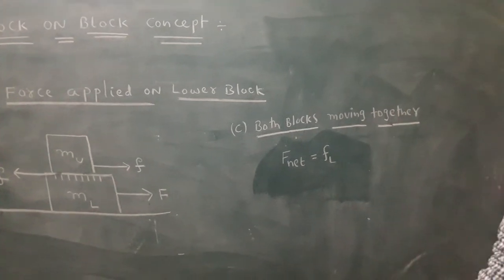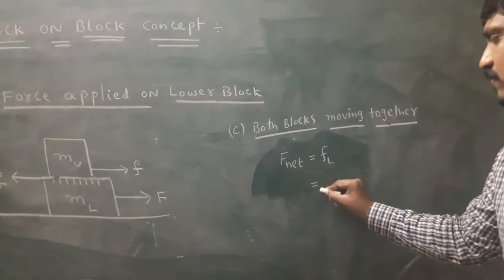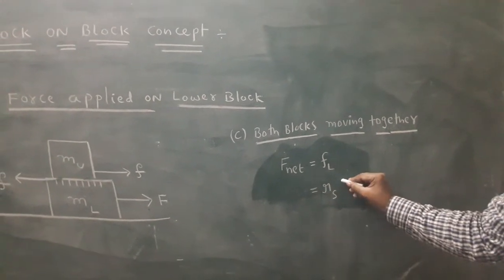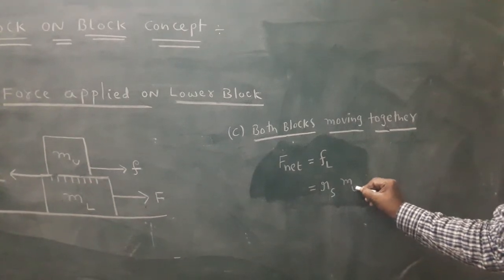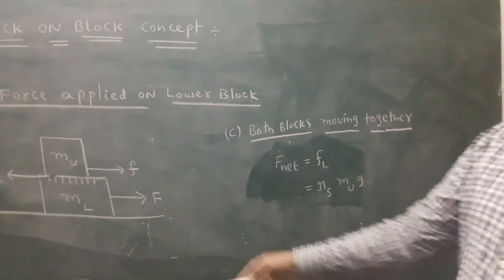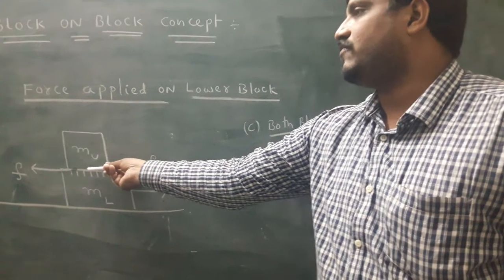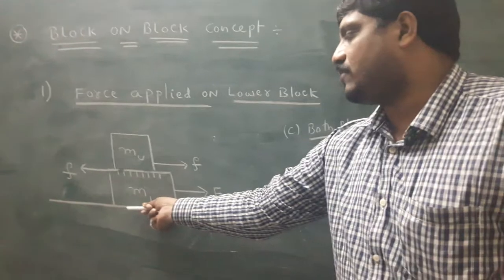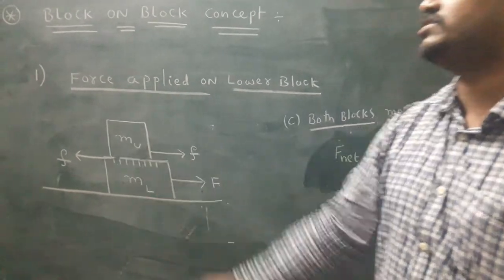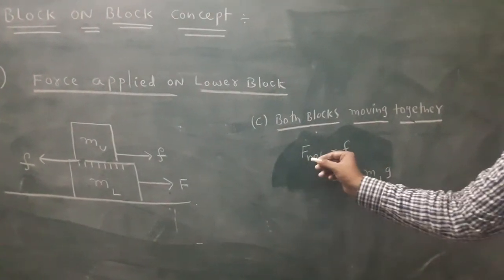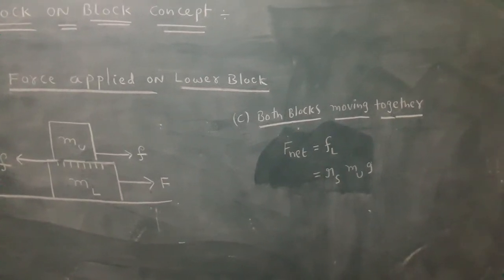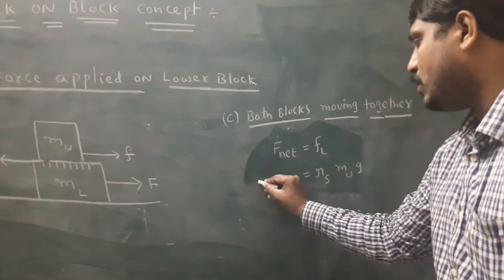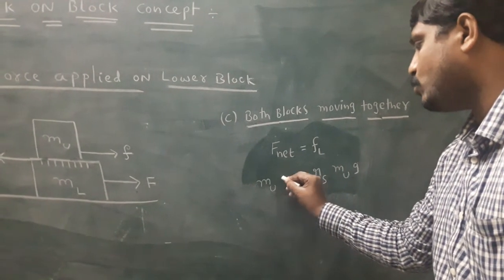Here, limiting friction formula, F equals mu into N. N means mass of the upper block into g, because this is the rough surface, above weight is taken. For example, this is the rough surface, above total weight is taken. Here, F net none. Newton's second law, F equal to ma, upper block mass mu g.